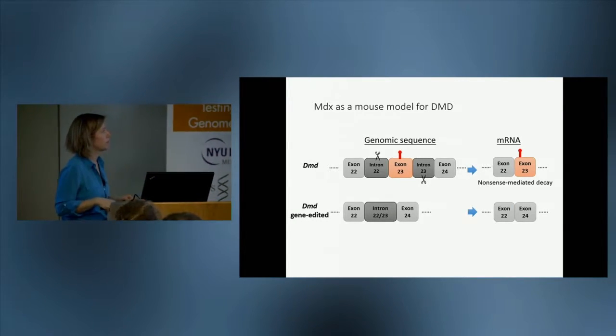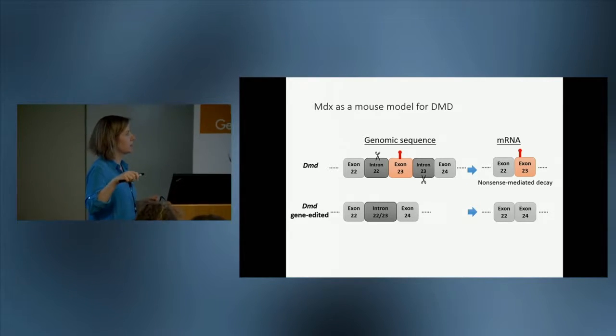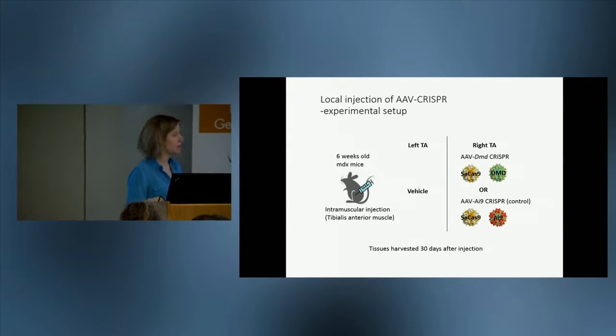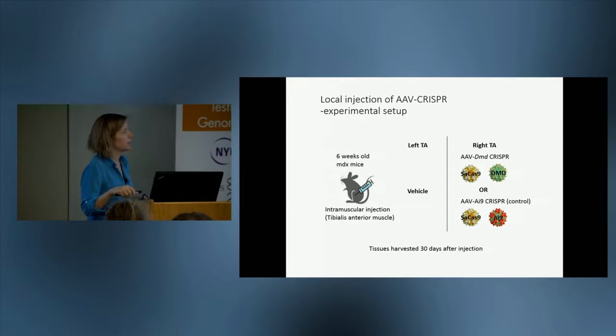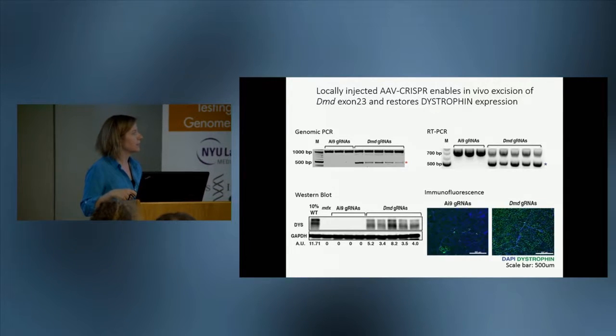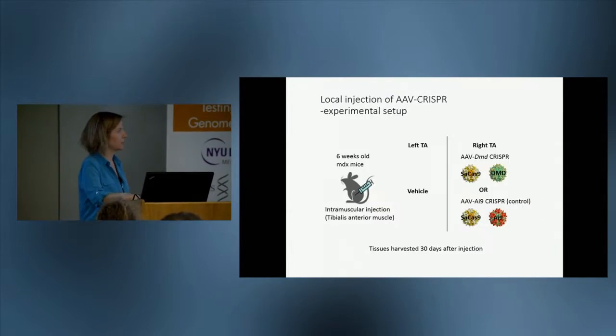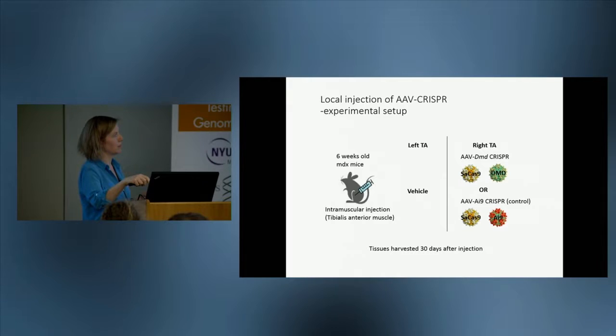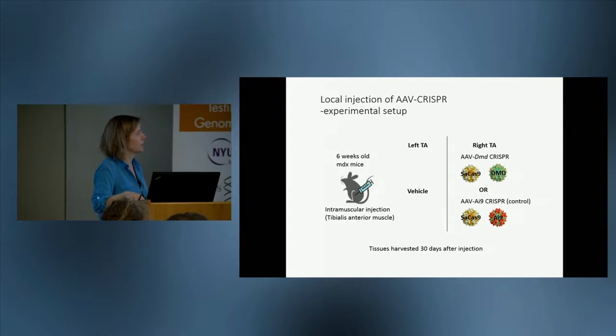And so using CRISPR-Cas9 technology, we wanted to see whether we could design a strategy that would lead to excision of this exon and production of a hybrid. We did this by packaging CRISPR-Cas9 into AAV, and showed that it was possible to deliver this locally into skeletal muscle by injection of a dual system with one adeno-associated virus encoding the Cas9 protein and the other encoding guide RNAs that target it to the intronic sequences.